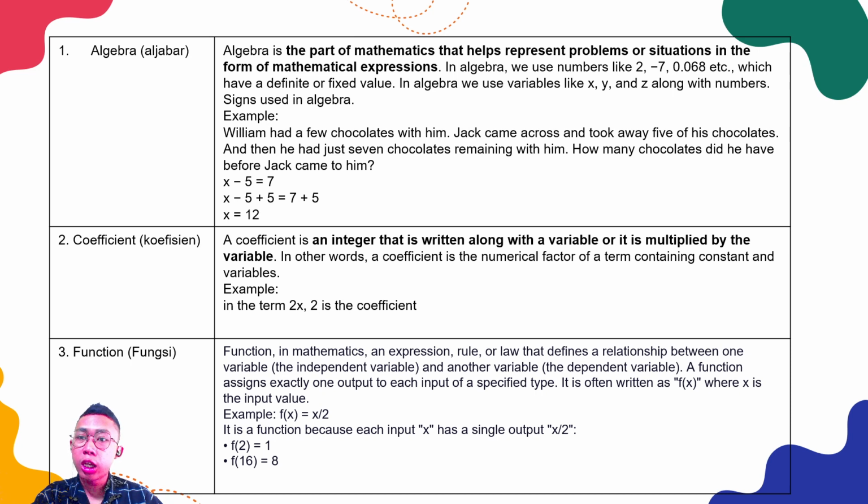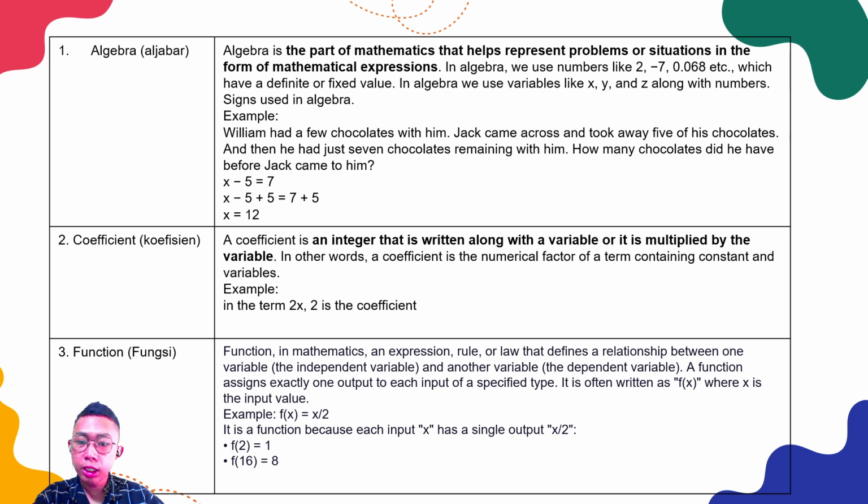Such use in algebra. Example: William had a few chocolates with him. They came across him and he took away 5 of his chocolates, and then he had just 7 chocolates remaining with him. Now, how many chocolates did he have before they came to him? So we let the chocolates be x.